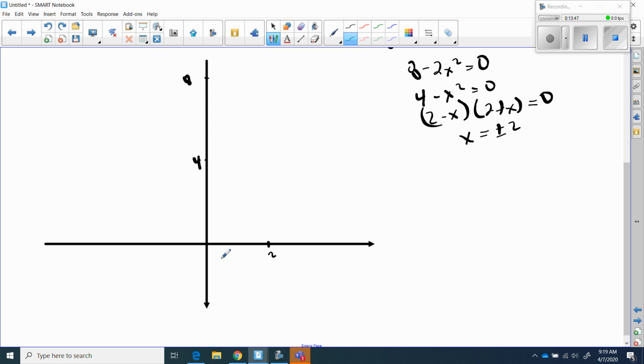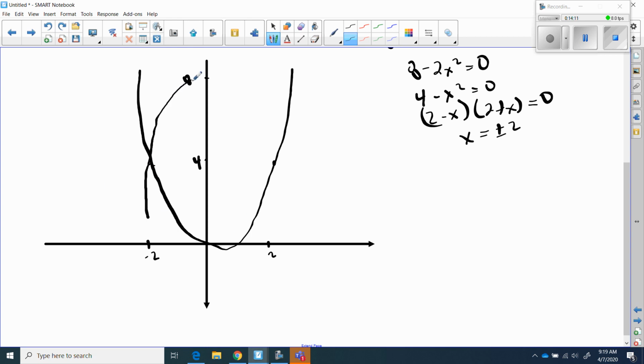Let's say 2 is here. Minus 2 is here. So this is my regular old parabola, at this point and this point of intersection. The other one opens down, so I'll try and draw that one as best I can. This one's going to come up through here and down through there.